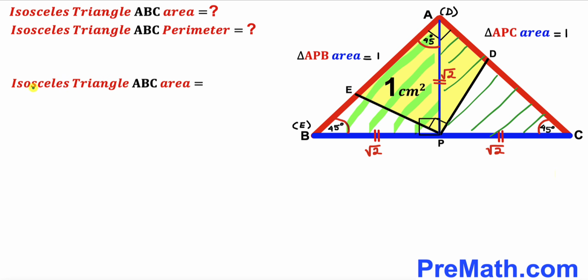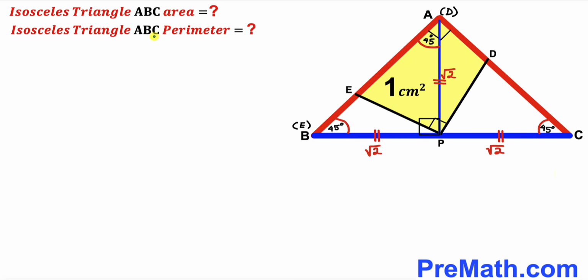So therefore the area of the isosceles triangle ABC is going to be the sum of these two individual triangle areas. This area is 1 and this area is 1 as well. So we conclude the area is going to be 1 plus 1 is going to be 2 centimeter square, the area of this triangle ABC.